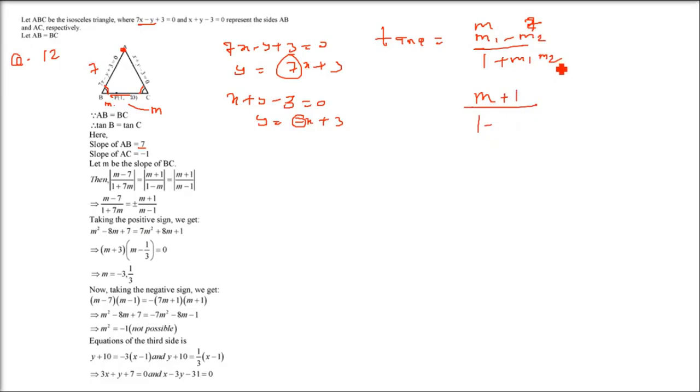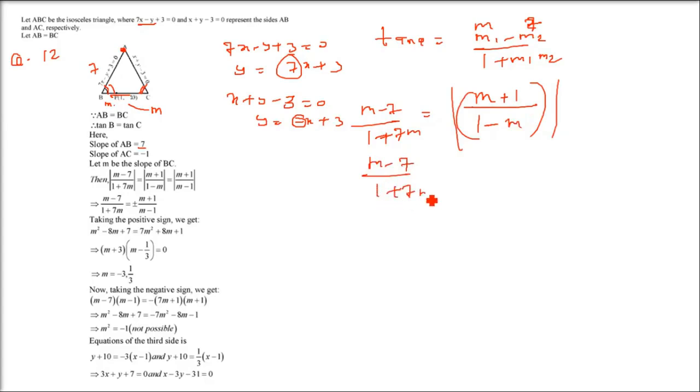So for the angle between BC and AC we get (m plus 1) by (1 minus m). This and (m minus 7) by (1 plus 7m) should be equal, but since they are both in mod, we have to take plus minus both. One time you take plus, one time you take minus.